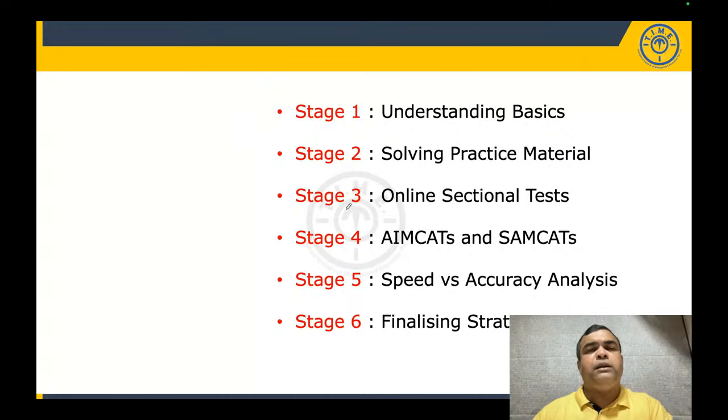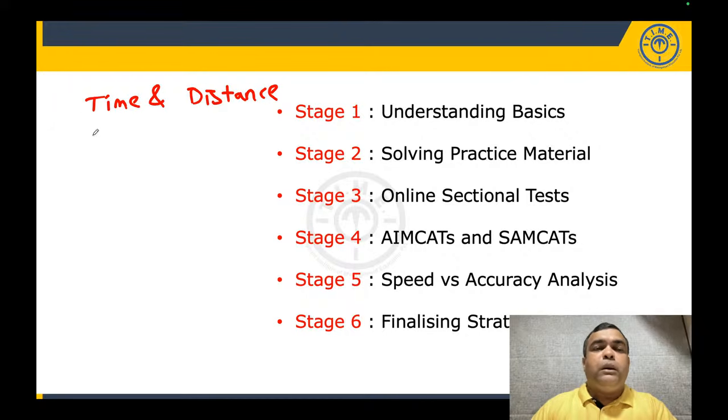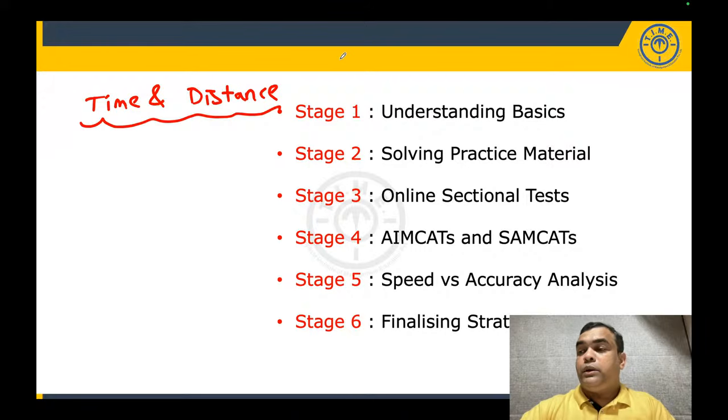So I take one simple topic, very common to everyone, let's say time and distance. I'm just giving time and distance as a topic, for example. What is the basics part of time and distance? How to solve time and distance questions without equations, using ratio, average speed, relative speed.